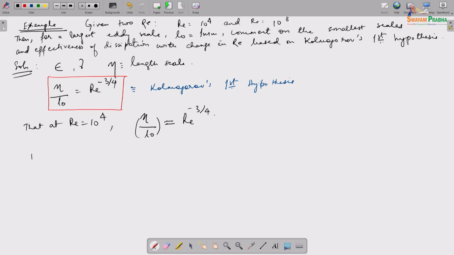First case, 10 to the power 4. Therefore, eta is equal to L naught into 10 to the power minus 3, and here L naught is given as 1 millimeter, so eta is equal to 0.001 millimeters.